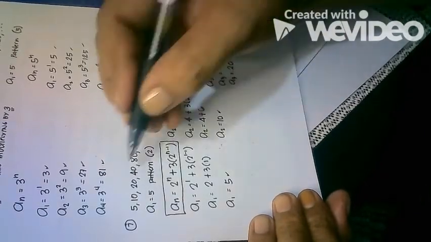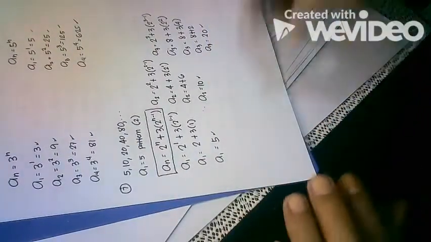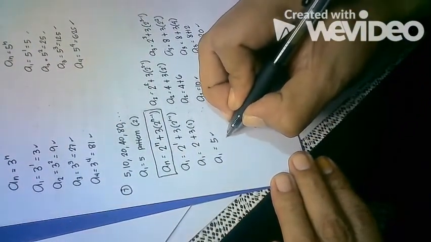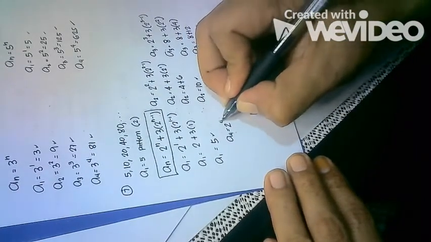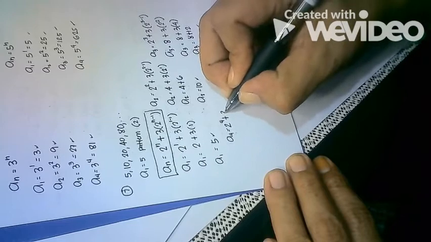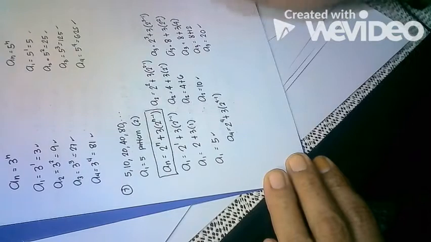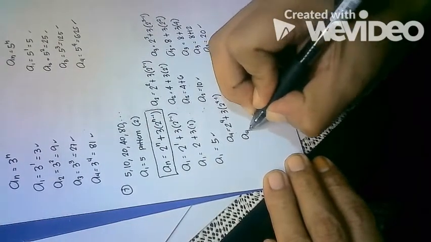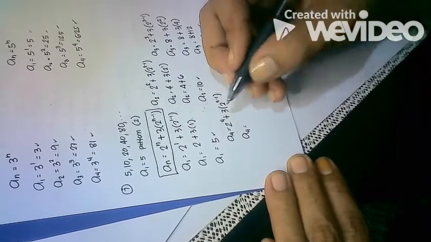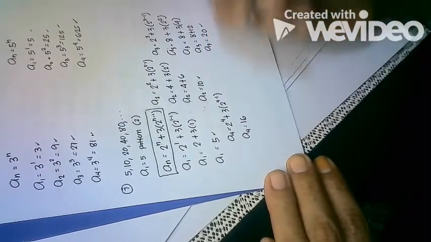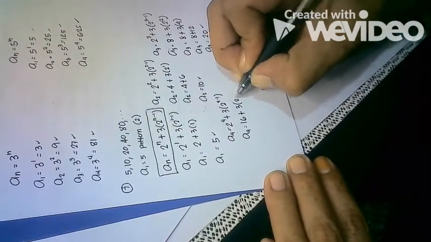So check. A sub 4. So we have 2 to the 4 plus 3 times 2 to the 4 minus 1. So your a sub 4 is equal to 2 times 2 is 4, times 2 is 8, times 2 is 16, plus 3 times 2 to the 3.